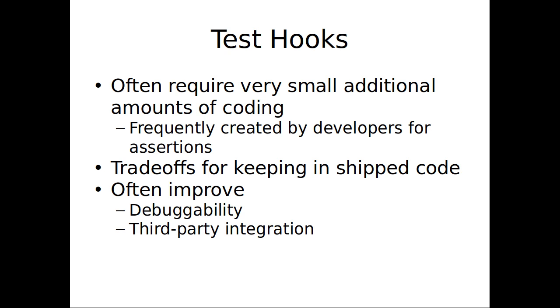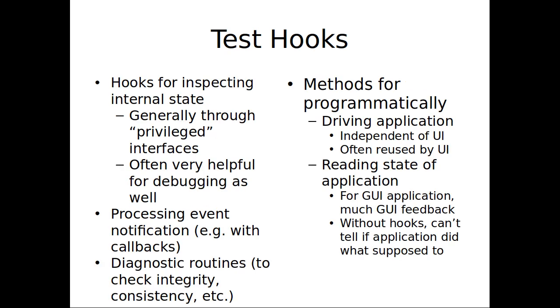So, test hooks. You should be thinking about getting in place test hooks that often require a small amount of coding. They're created by developers for the sake of assertions, etc. And they often improve the debuggability, spotting issues as soon as possible, and integration with third-party code, potentially testing features in the state of the system.